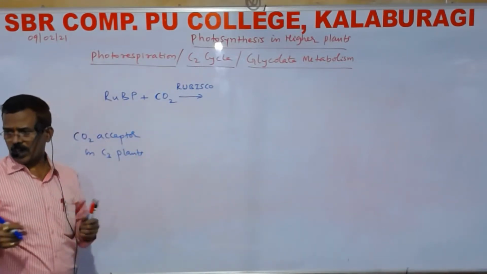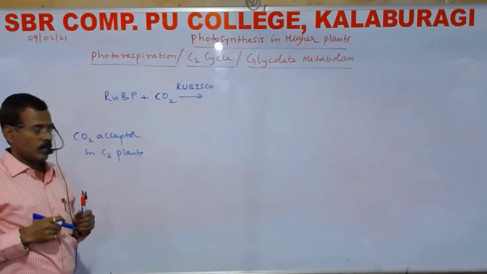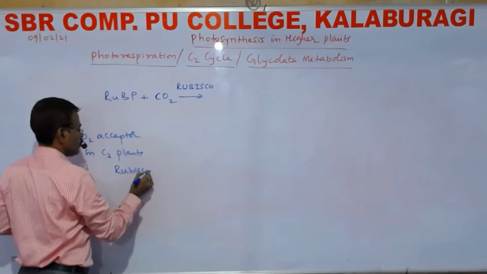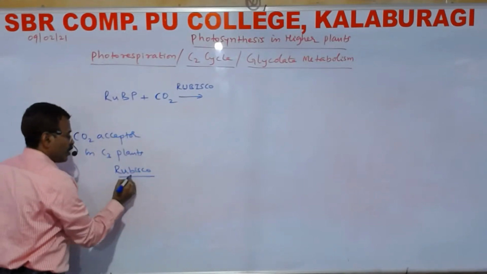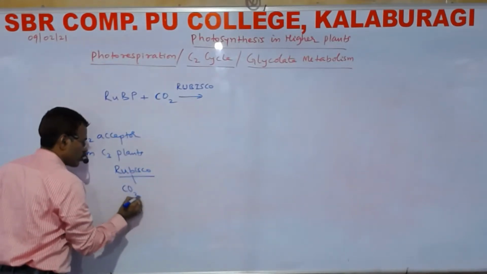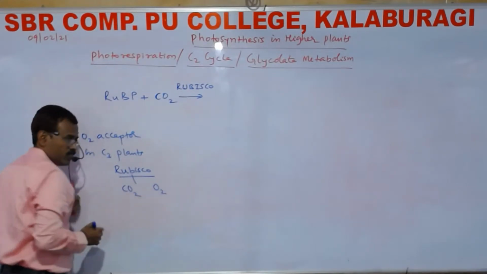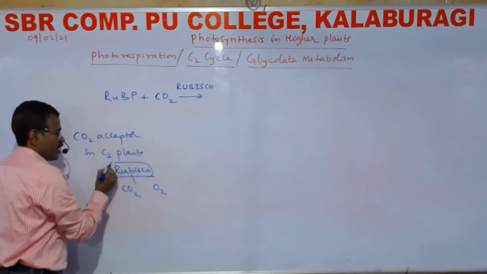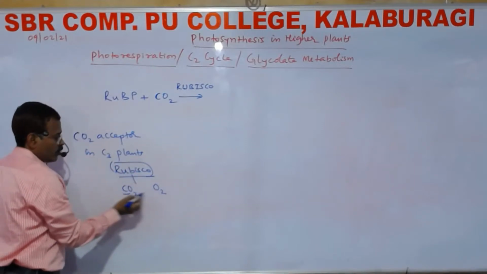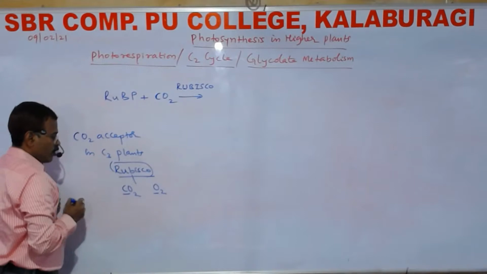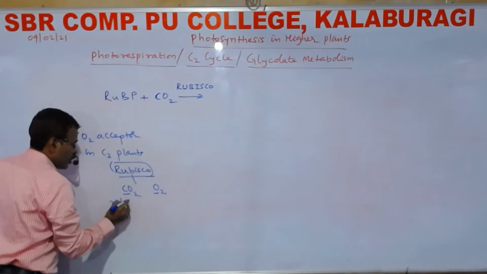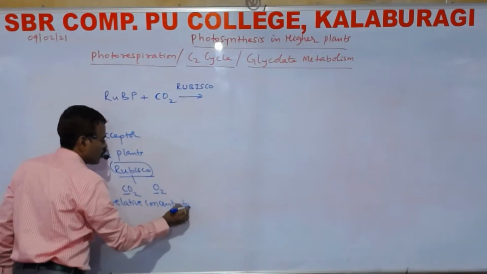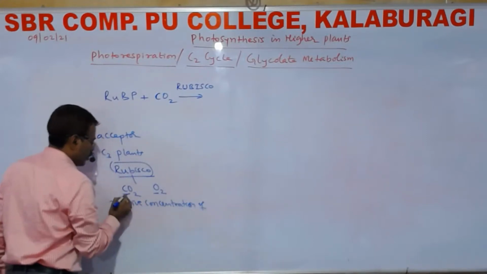Ribulose bisphosphate carboxylase enzyme. Now, this Rubisco, whether it has to bind with the carbon dioxide or with oxygen on the site meant for attachment of these substrates, all depends upon the relative concentration of these two gases.